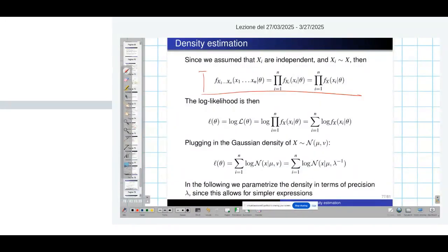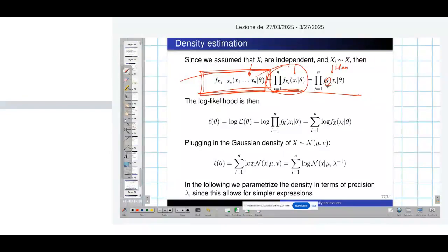As we said, the likelihood is the joint density of the observed values given the model parameters, so for our training data set. Under the IID assumption, we factorize over the single random variables, each representing one sample. This is the independent, and this is the identically distributed.